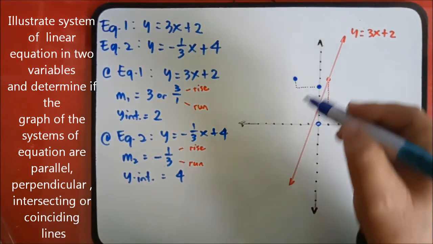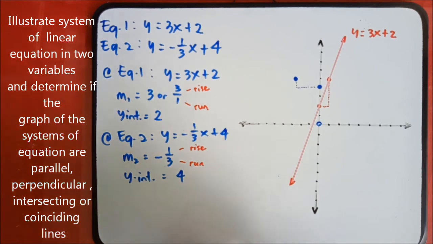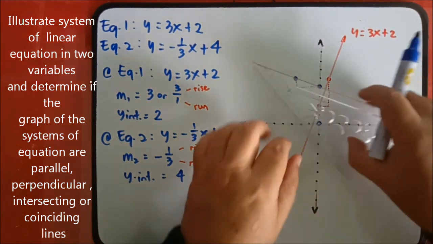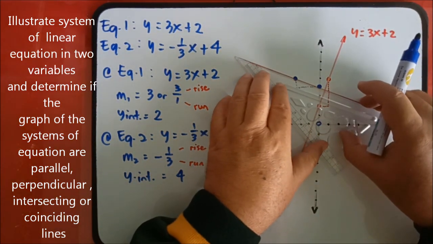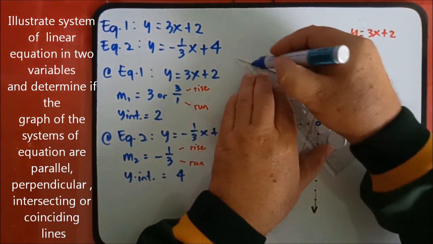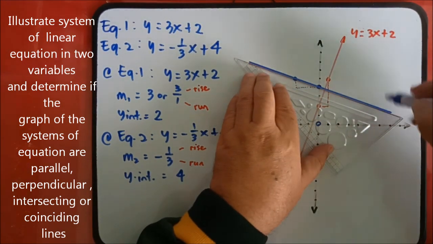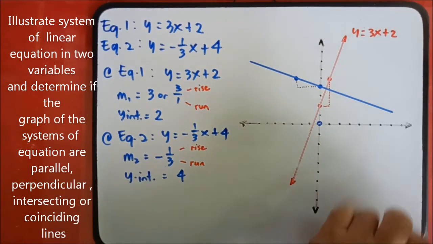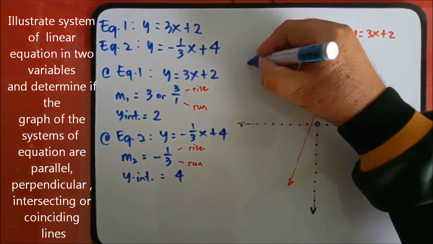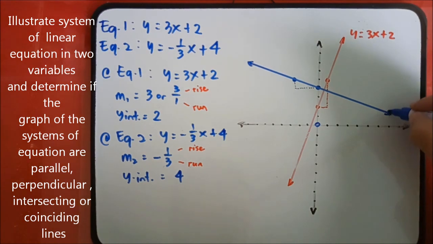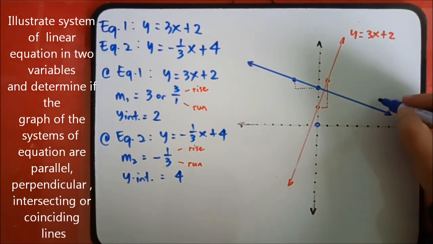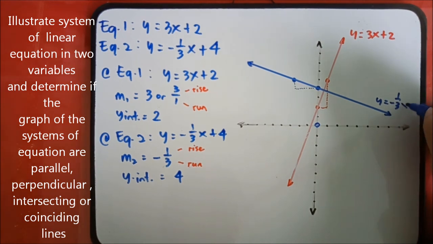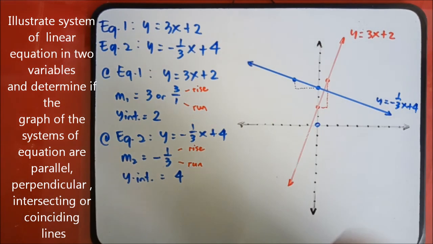No? 1, pataas. Then connect. Okay, so this is our equation number 2. Y is equals to negative 1/3 x plus 4.